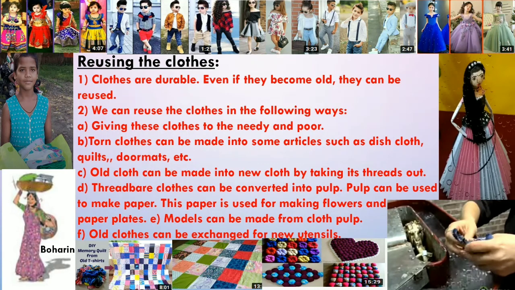Yes, because she later sells these clothes in the market. Many poor people who can't buy expensive clothes from the shops buy these clothes. Or these clothes are also sent to the factories for recycling.